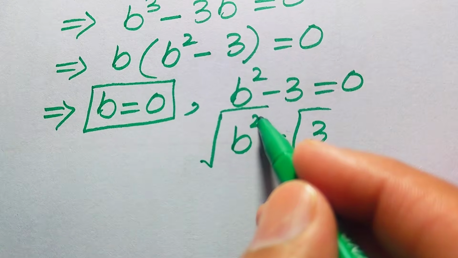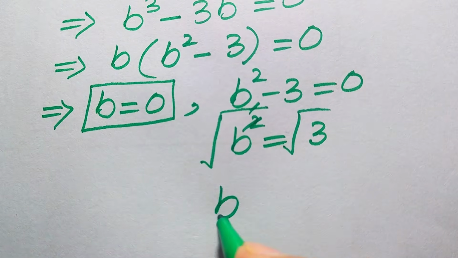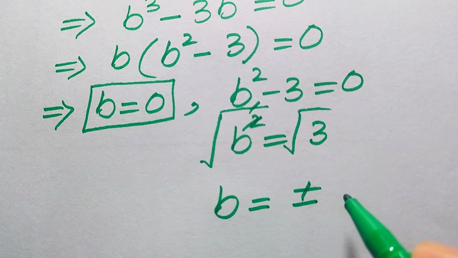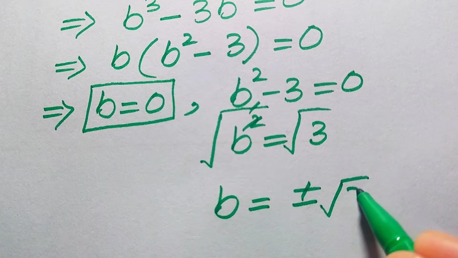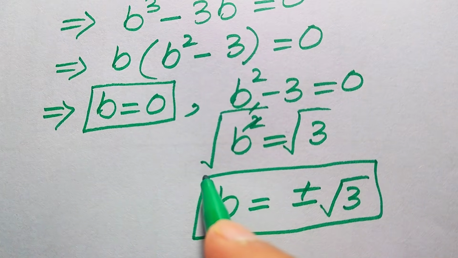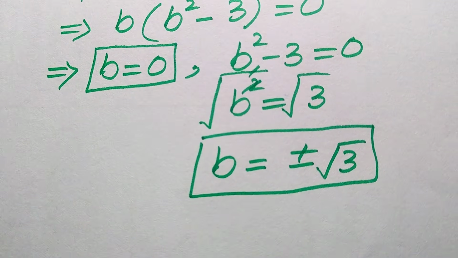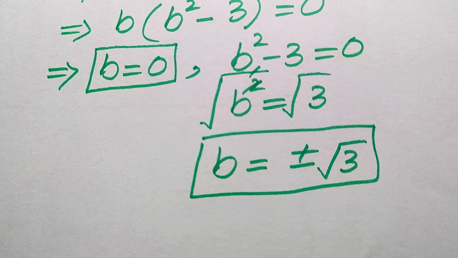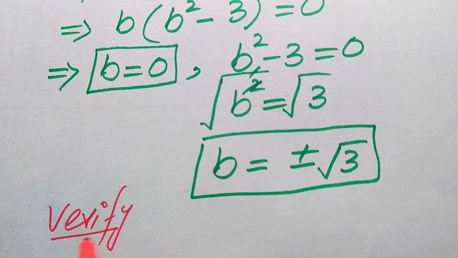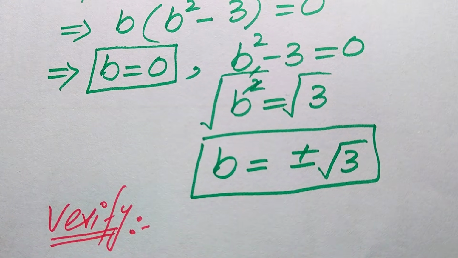When we apply the square root, the square and the square root are gone, and we get b is equal to plus or minus the square root of 3. So these are the other two roots of the given equation. So we have b is equal to 0 and b is equal to plus or minus the square root of 3, the roots of the given equation. And now in the next steps we need to verify whether these roots are solutions, or whether these roots are extraneous roots.